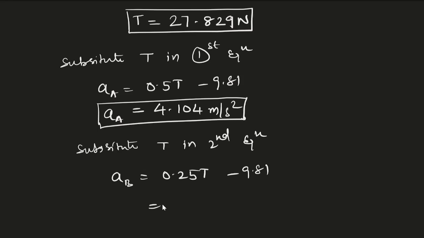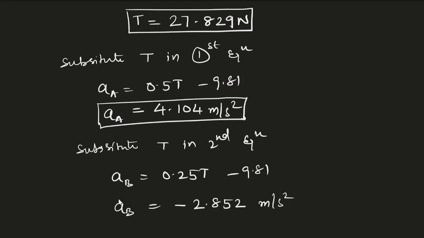So 0.25 into 27.829 minus 9.81. This gives a value of a_B as minus 2.852 meter per second square.